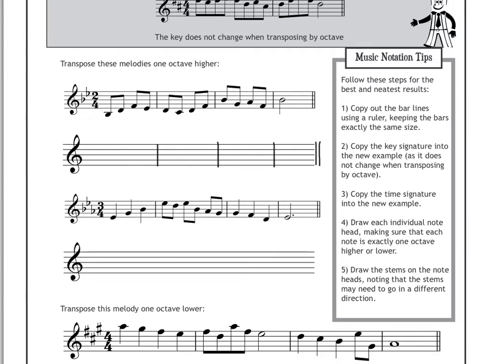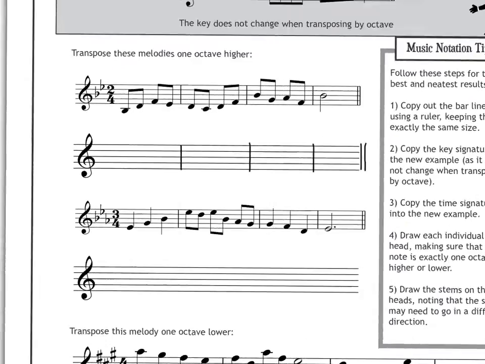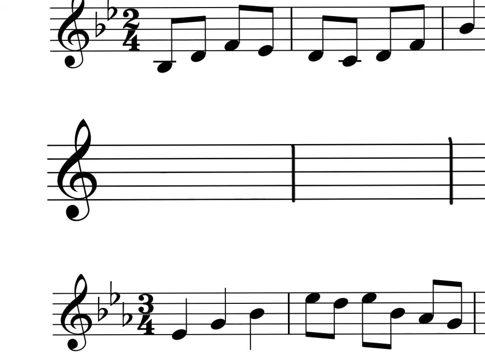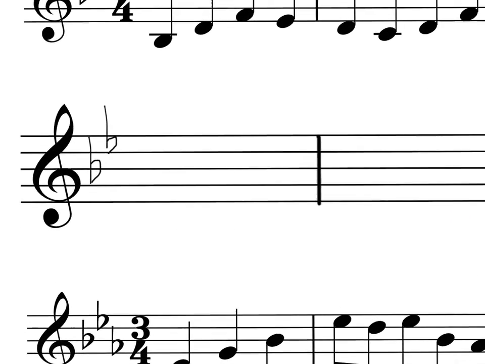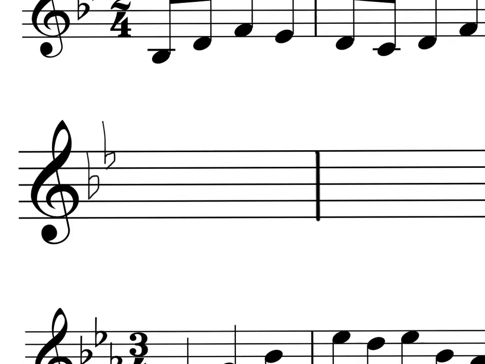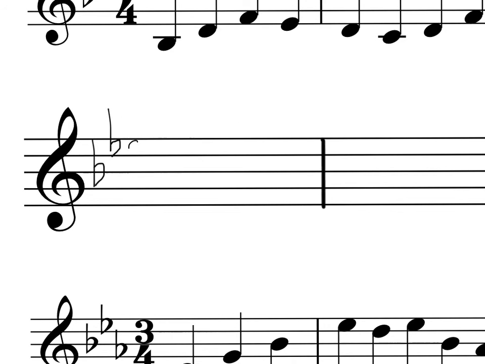All we have to do then is throw in the key signature, which is the same. So I can just grab my pen and go B flat, E flat. Okay. Next step says copy the time signature into the new example. I can do that easily. 2/4 time.